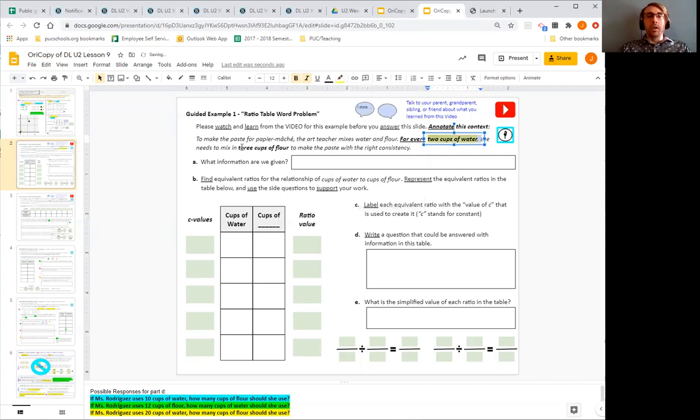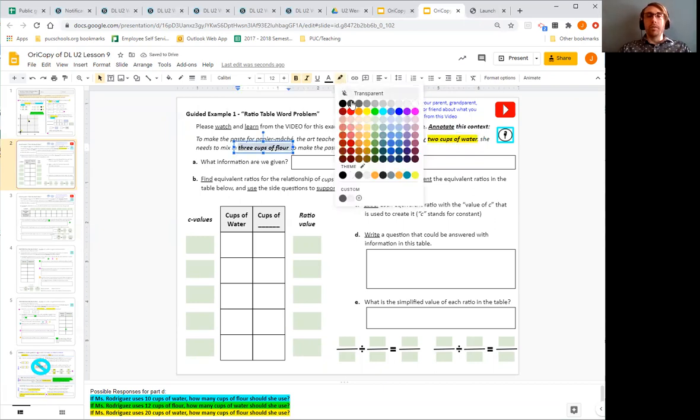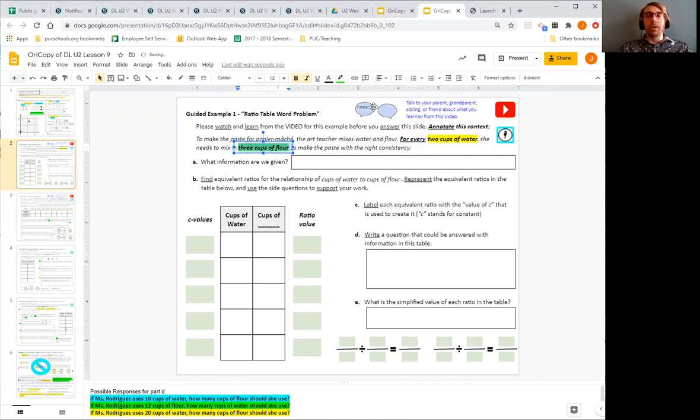There we go. And the same thing for this one. And it could be the same color or different color. I'm going to put a different color just because they're 2 different numbers and I want to be able to keep track of them, but it's up to you. So then the information that we're given is technically this sentence, but we should be interpreting it, not just directly writing down exactly what's there.